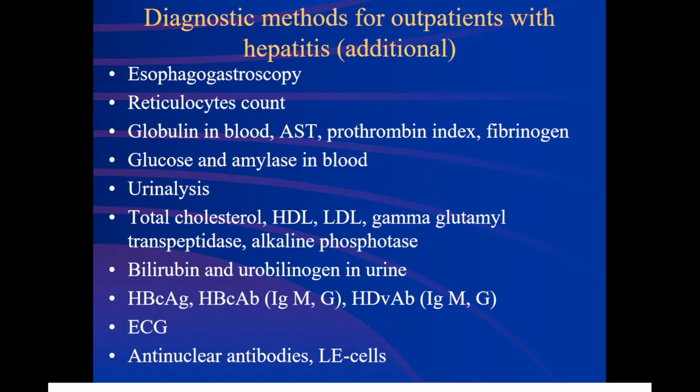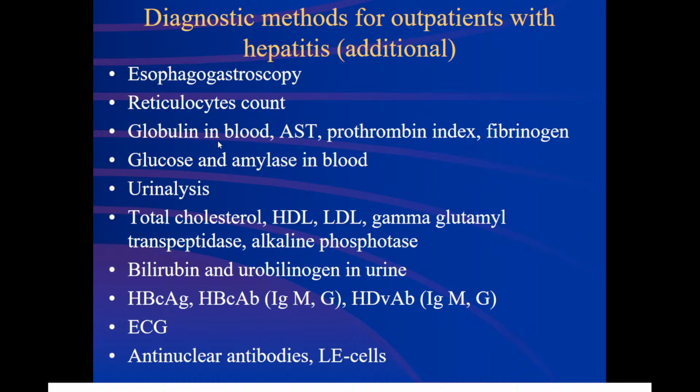Reticulocyte count also helps us to see the probability of bleeding, because if small bleeding is present, for example in hemorrhoidal veins, it is less significant than in the esophageal veins, but it can be chronic and can lead to chronic post-hemorrhagic anemia, in which there will be a high reticulocyte count.